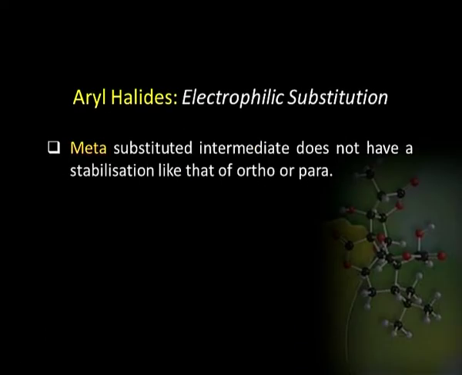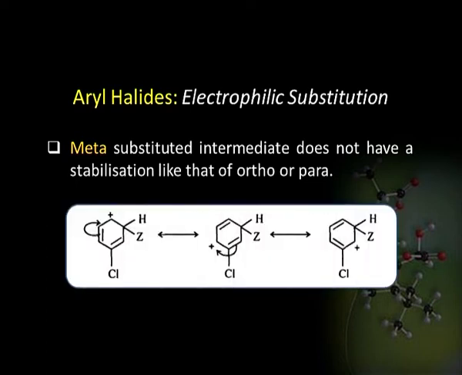The meta substituted intermediate does not have a stabilization like that of ortho or para. As we see in these resonating structures, the positive charge keeps moving over the benzene ring, but it is not shared by the chlorine atom. Therefore, the meta substituted products are not stable.